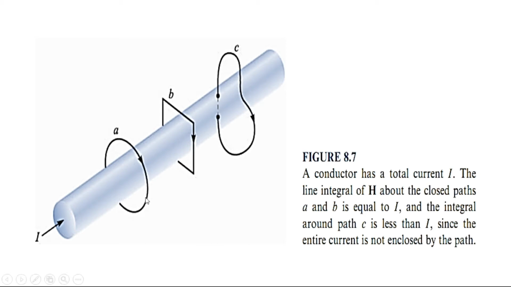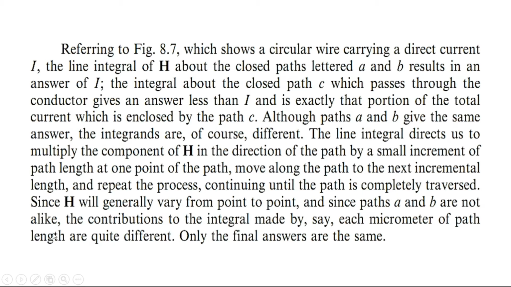According to Ampere's circuital law, the line integral of the magnetic field intensity about any closed path is exactly equal to the total current enclosed by the path. This path encloses the current I, and this path also encloses the current I. So the line integral of H about the closed paths A and B results in an answer of I.